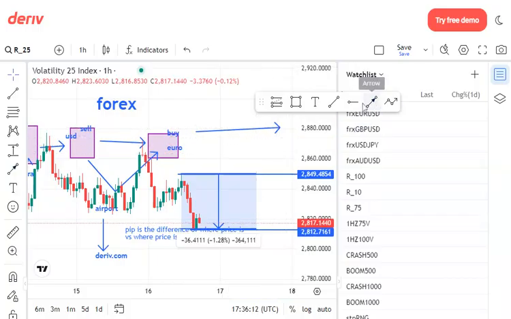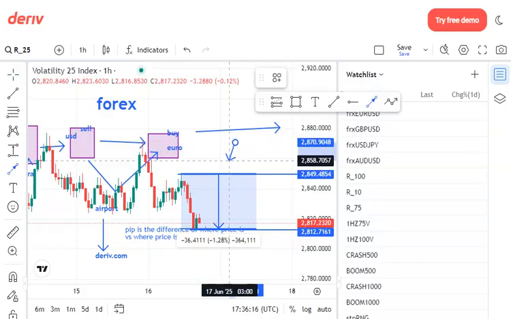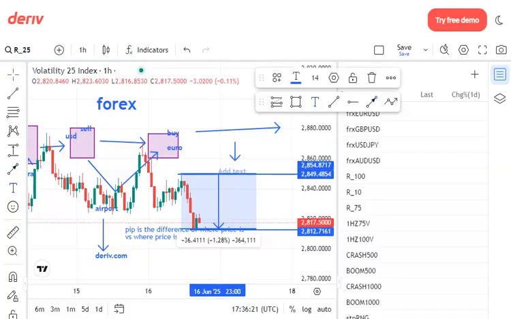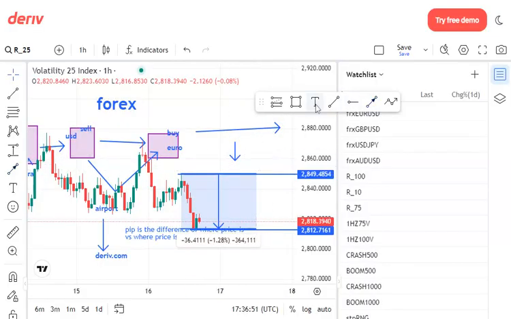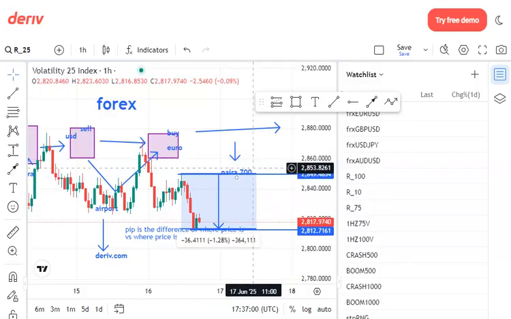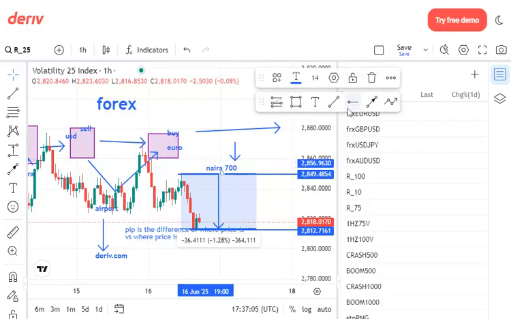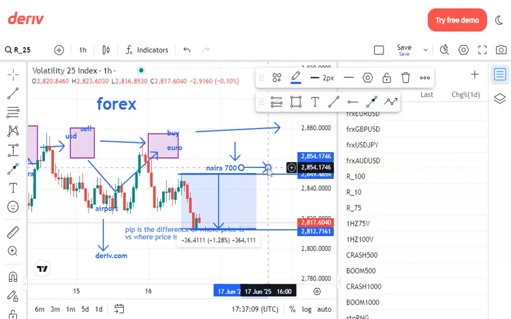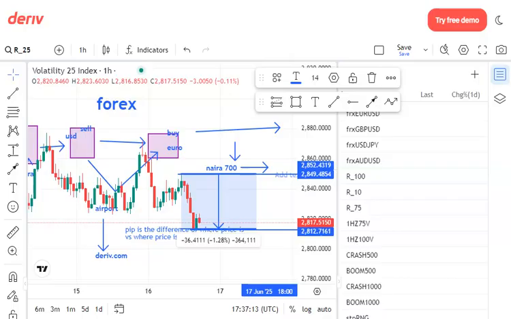That is to say, Naira, as of, for instance, a year ago, was ranging probably about 700 naira to USD. So one USD was 700 naira.